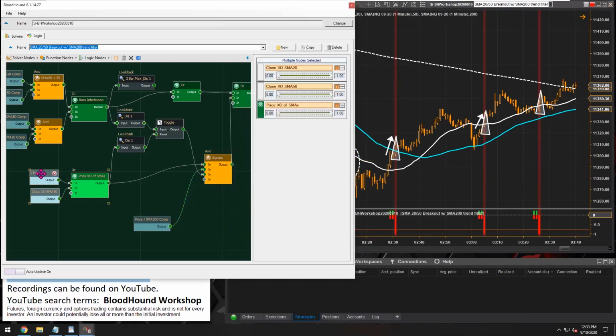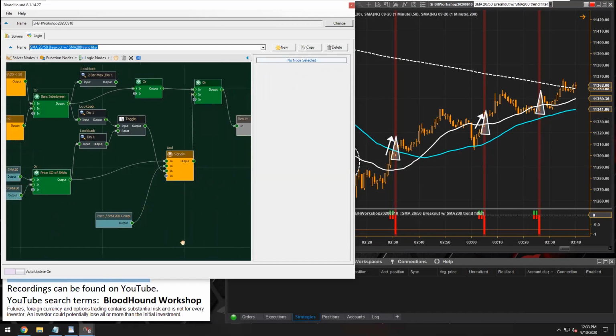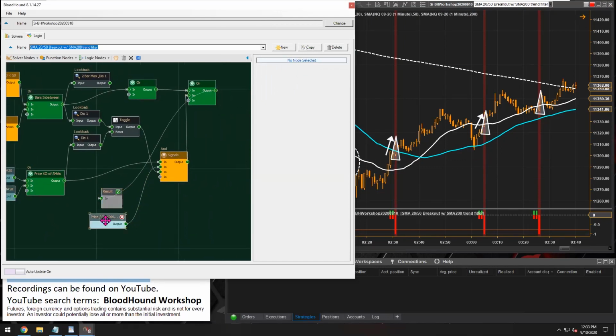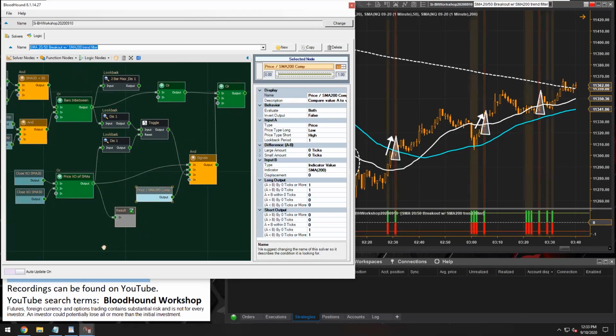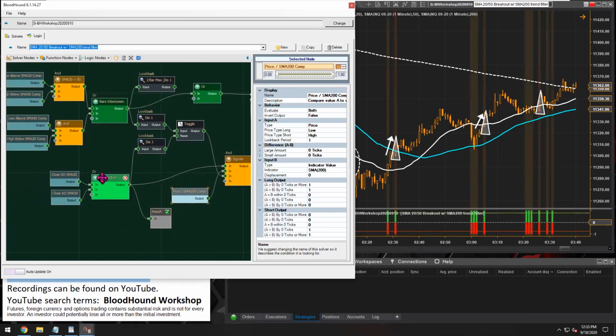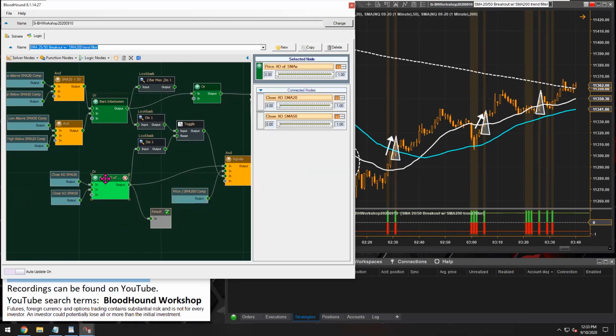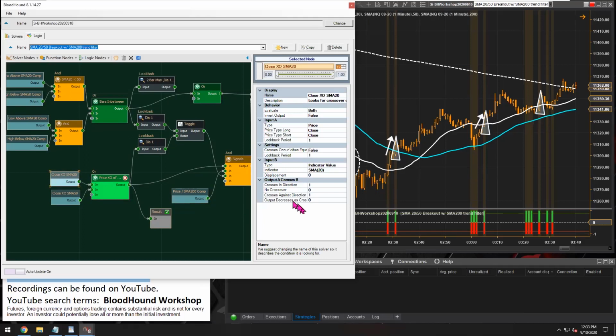So we want to focus on the crossover signals or the breakout signals here. My simple solution was just to eliminate the cross against. And actually, maybe it will work. There.